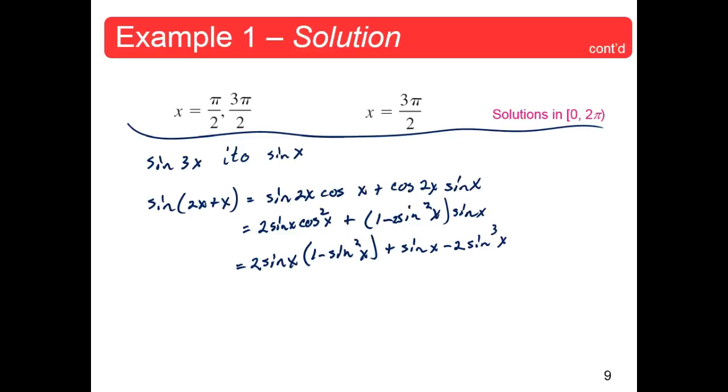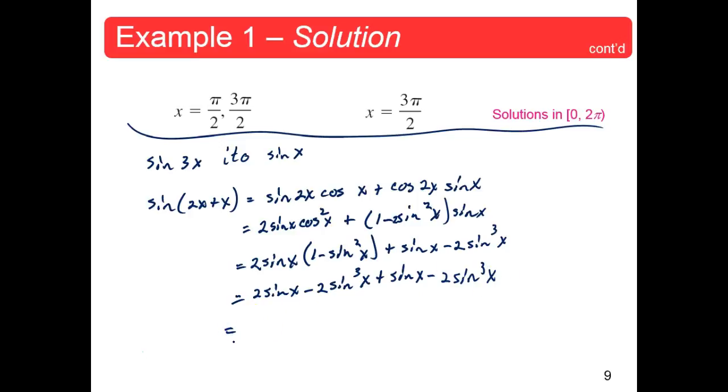Let's do the same thing here. What does that give us? 2 sine x, the writing takes a while, minus 2 sine cubed x, right? Plus sine x minus 2 sine cubed x.